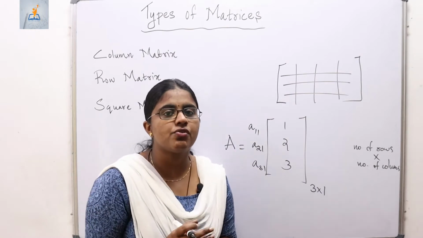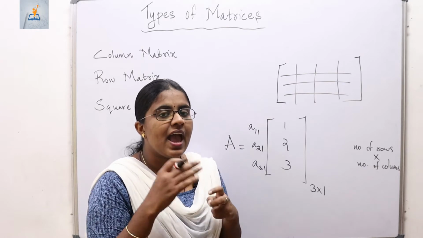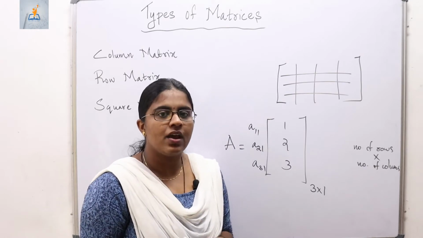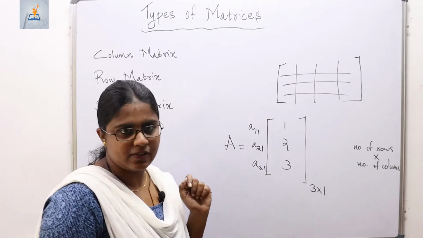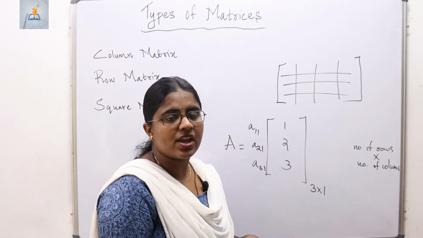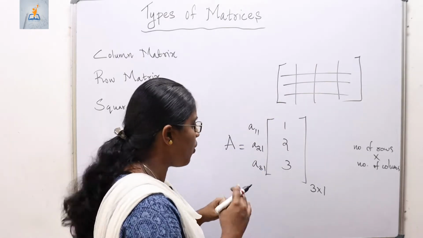So the definition of a column matrix is that a matrix which is having only one column is called a column matrix. So in general, what will be the order of a column matrix?